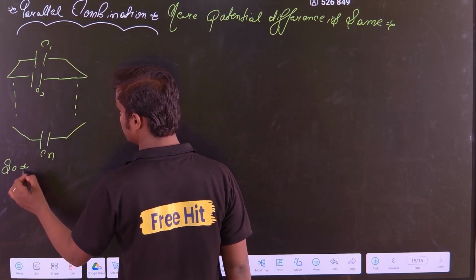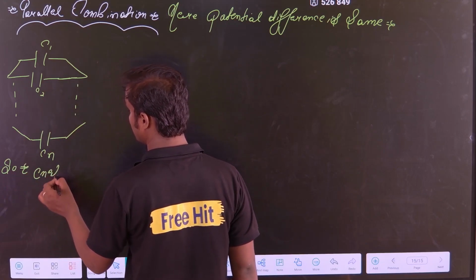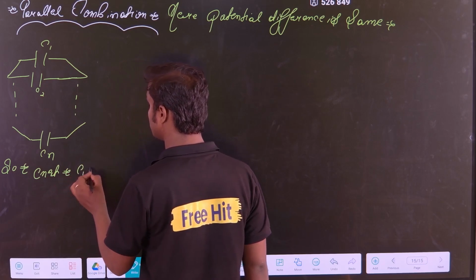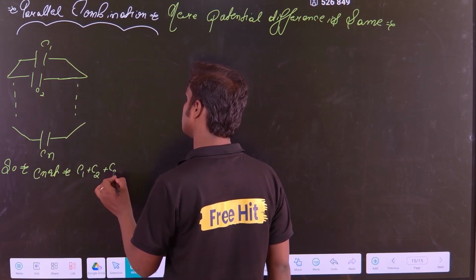As we know the voltage is the same, in this case I am going to tell you the direct formula only. C net is equal to C1 plus C2 plus C3.